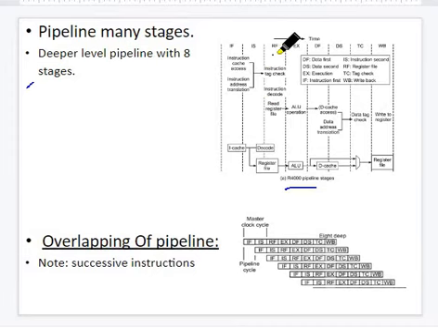RF means register file. They will be allocated for the first instruction as well as the second instruction execution. In the previous one we studied 3 executions, but now it is only 1 execution. Even though the operations are 2, we are using only 1 execution. That means what? Multitask.